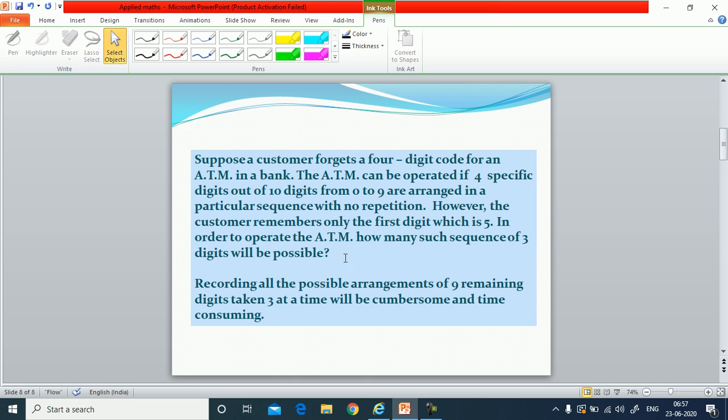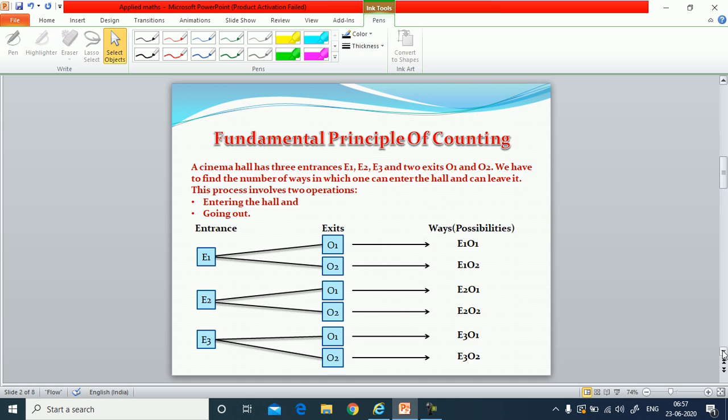So out of those 3 digits, one of the places can be occupied in 9 ways, then the next place can be occupied in 8 ways, and the last place can be occupied in 7 ways. So those 3 digits which are left, see how many sequences are possible to fill them. It will be 9 into 8 into 7. So that is a large number. But you can see the fundamental principle of counting makes it possible for us to at least get the total number of possible sequences which can be framed.